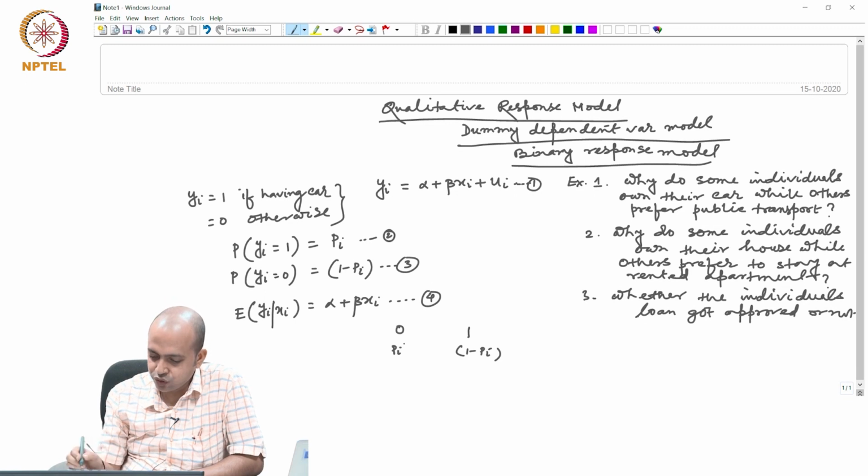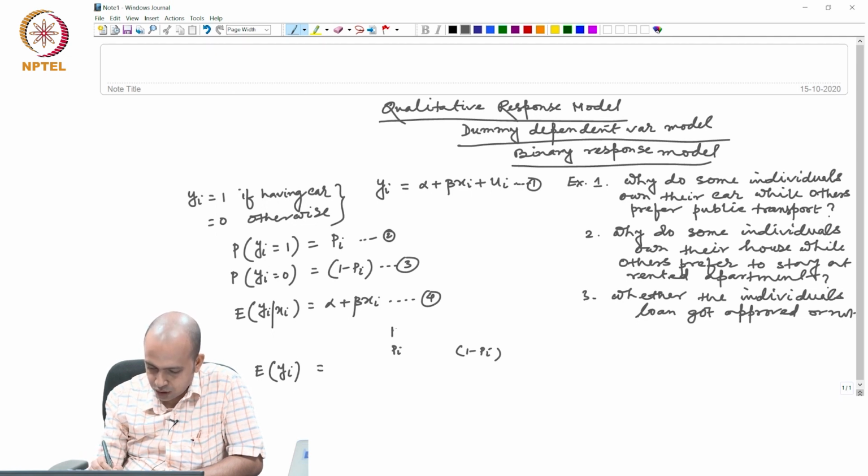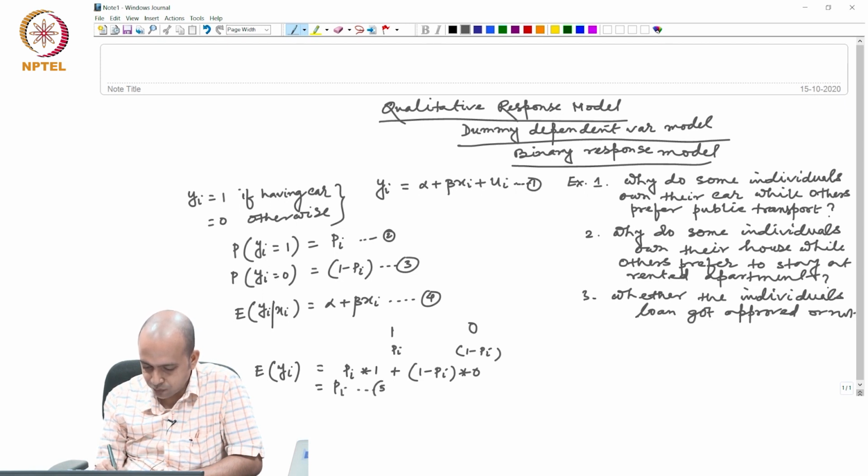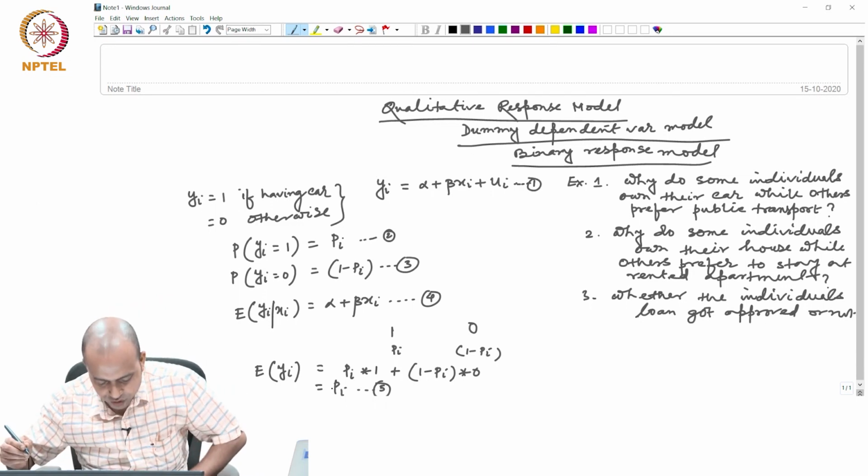So expectation of yi equals pi into 1 plus 1 minus pi into 0, which equals pi. Let us say this is equation 5.